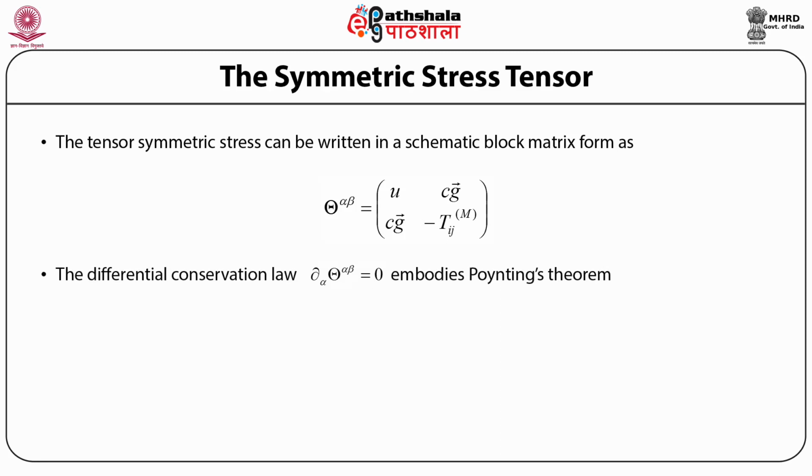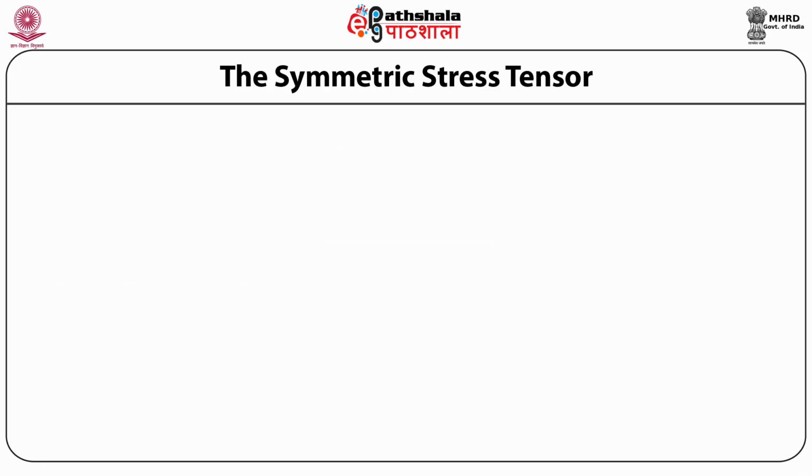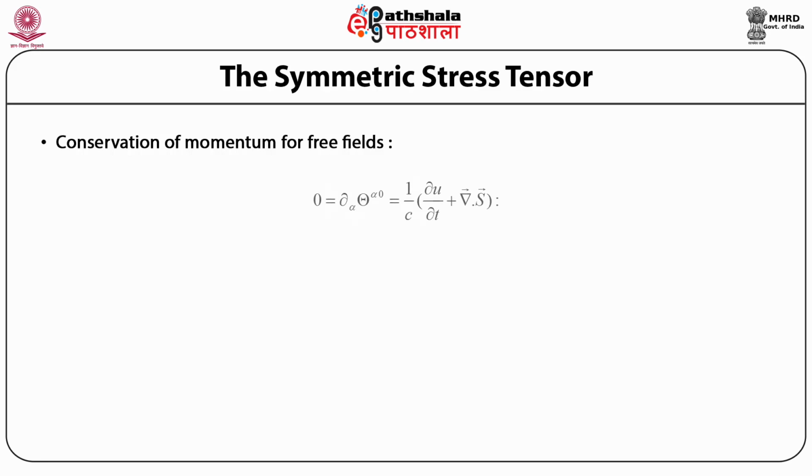The differential conservation law del alpha phi alpha beta equals 0 embodies Poynting theorem and conservation of momentum for free fields. 0 equals del alpha phi alpha 0 equals 1 by c of del mu by del t plus del dot S. This is the Poynting theorem in the absence of sources.